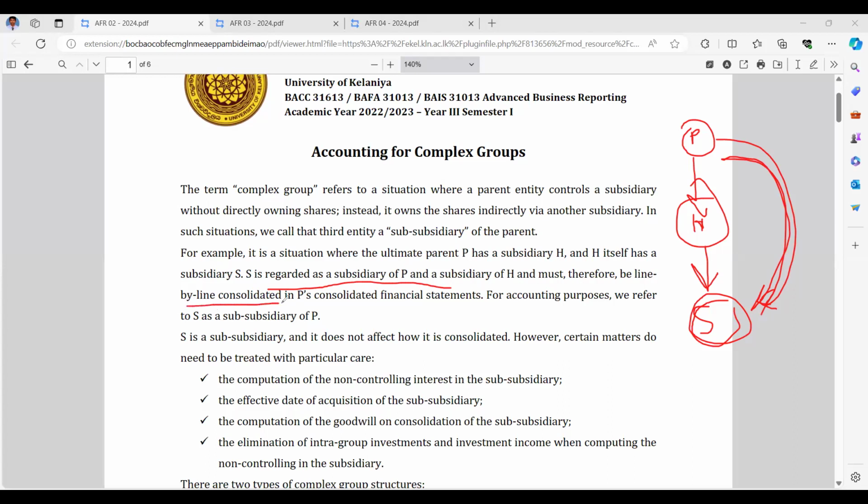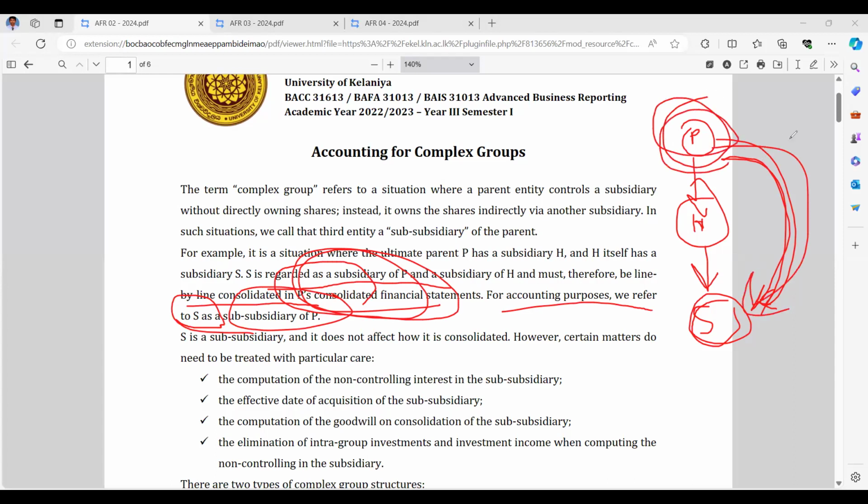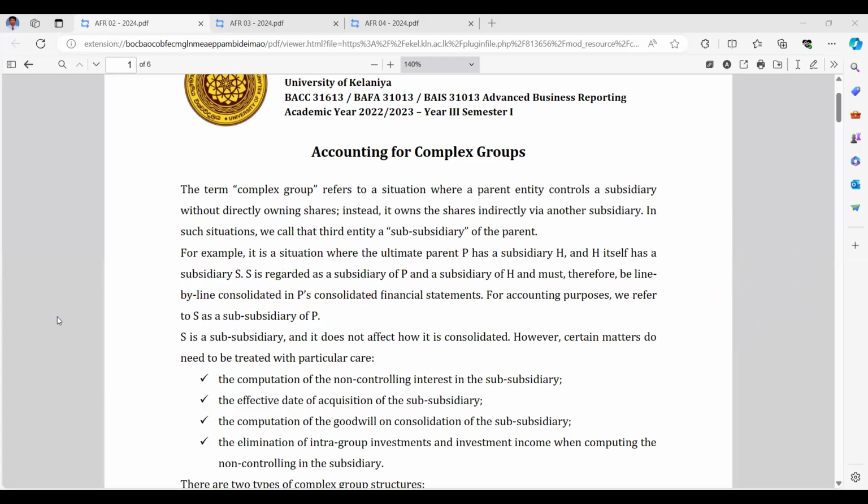Therefore, in the line by line consolidation in P's consolidated financial statements, for accounting purposes, we refer to S as a sub-subsidiary of P. S is a sub-subsidiary and it does not affect how it is consolidated.